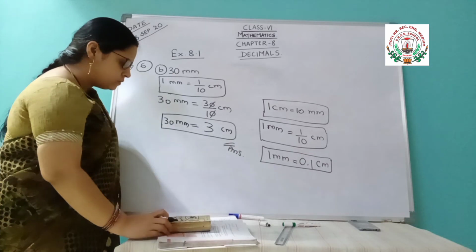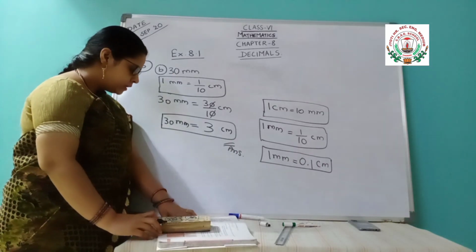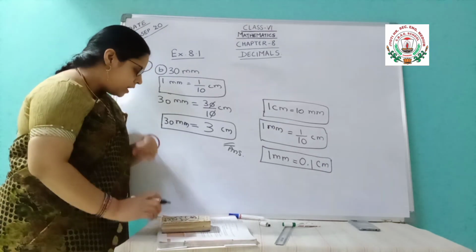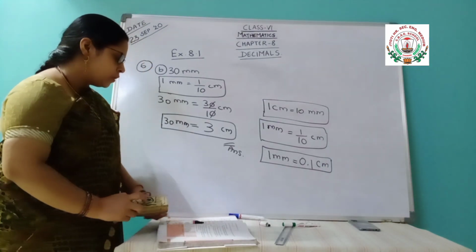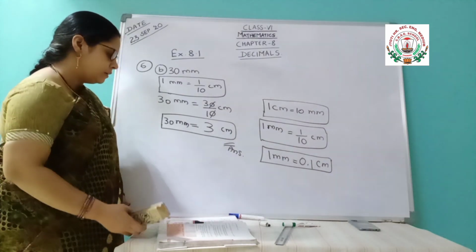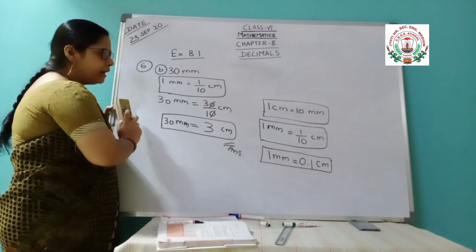So likewise you go on solving. C part you can easily do. D part I am explaining because here a combination of 2 units is given. 4 centimeter, 2 millimeter.